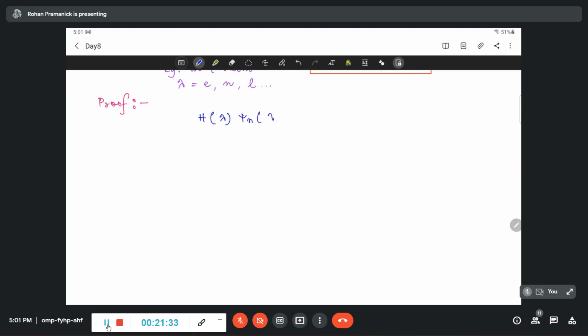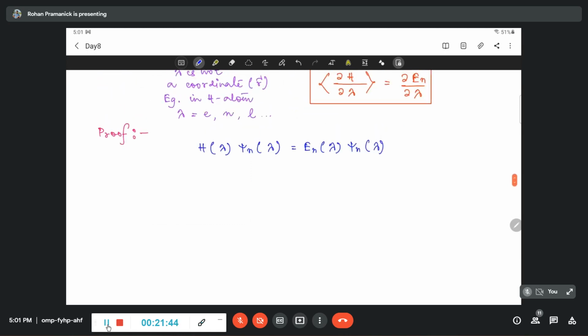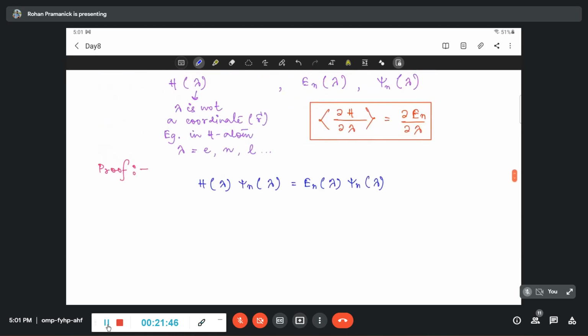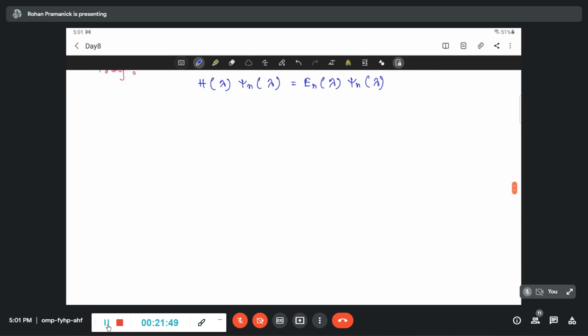H psi n lambda equals En lambda times psi n lambda. Now we want to calculate del h del lambda, so we just differentiate blindly with respect to lambda.